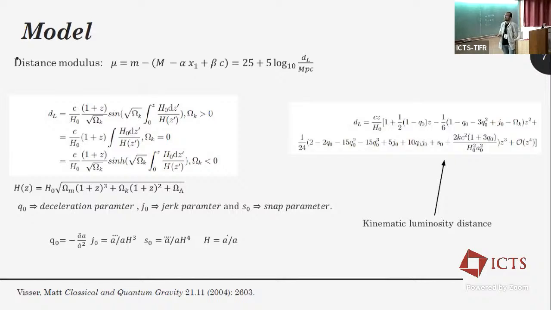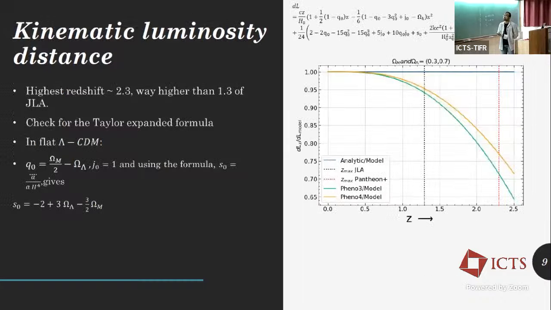I have also used the kinematic luminosity distance, the Taylor expanded luminosity distance derived in Mathews et al, and I have used both of them for my parameter estimation. Here q0 is the deceleration parameter, j0 the jerk parameter, and s the snap parameter.